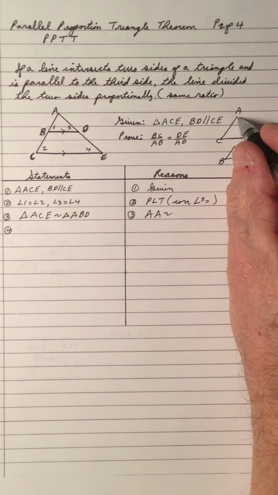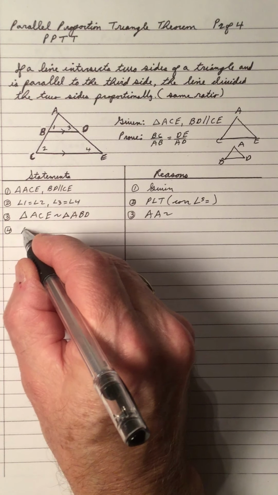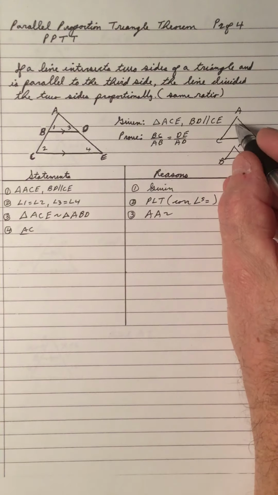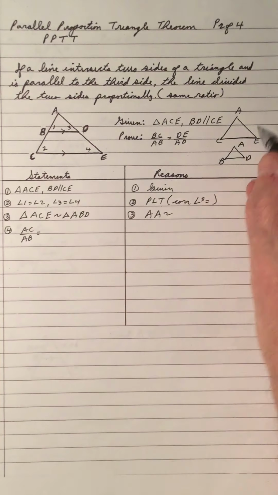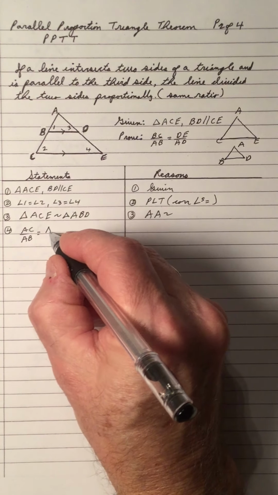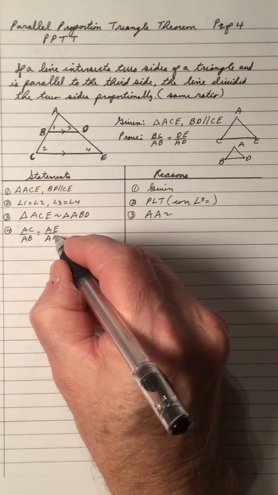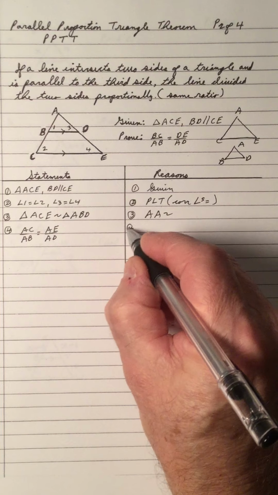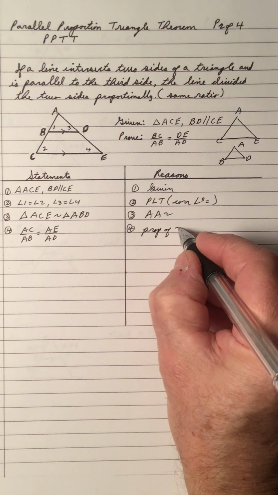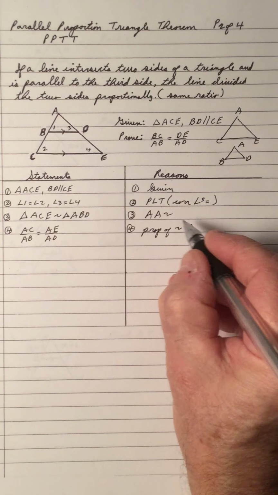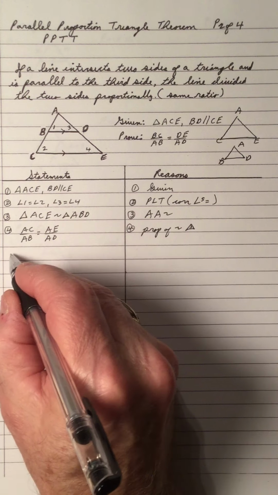These triangles are similar, so I can put AC over AB equal to AE over AD. That's the property of similar triangles: if two triangles are similar, then their corresponding ratios are equal.